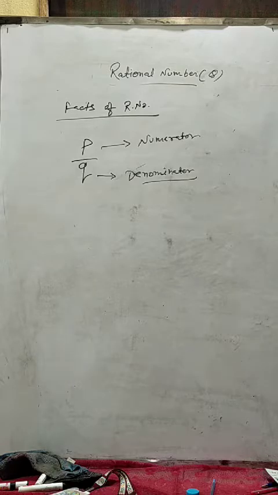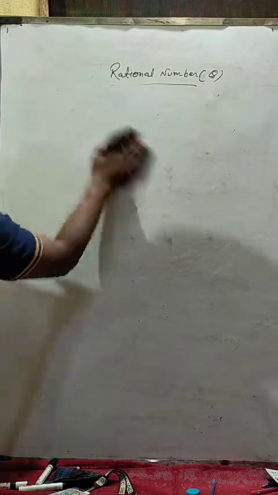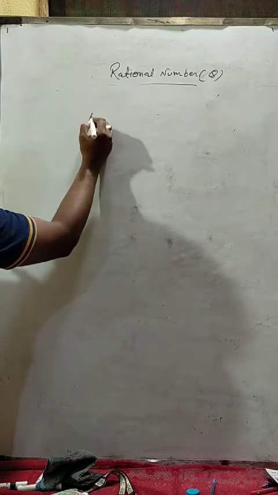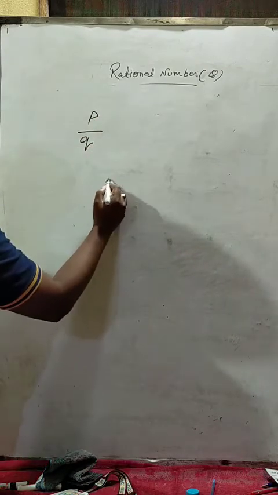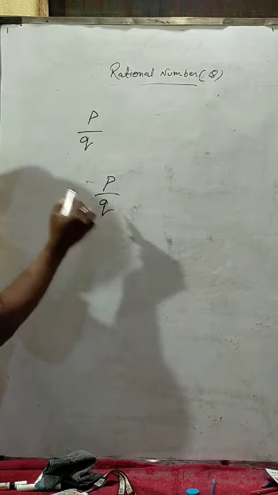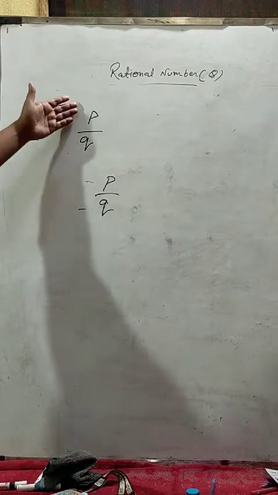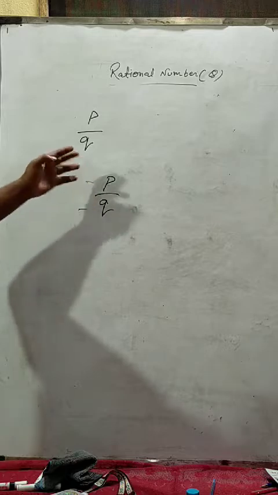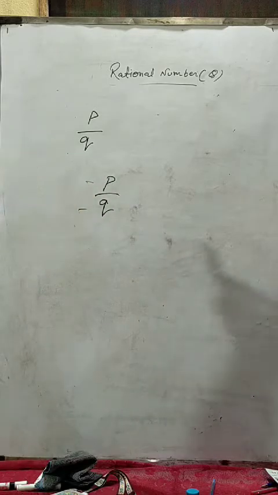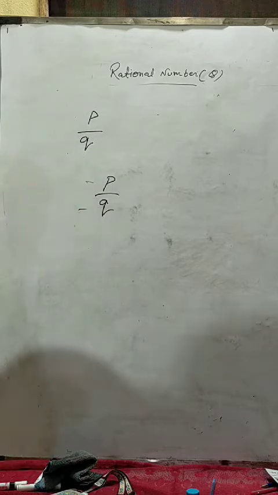Next is the positive rational number. A rational number is said to be positive if its numerator and denominator both are either positive or both are negative.